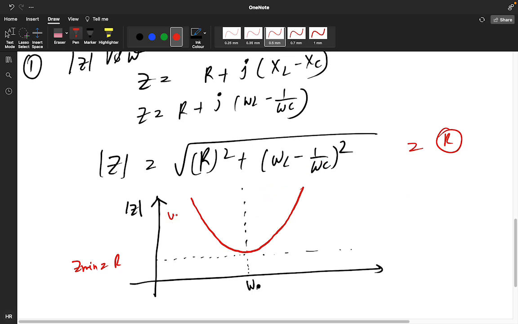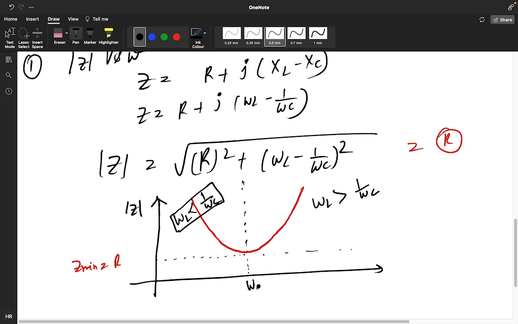This position denotes omega L less than omega C, and this will be omega L greater than omega C. So if omega L is less than omega C, you are getting a positive function, right?